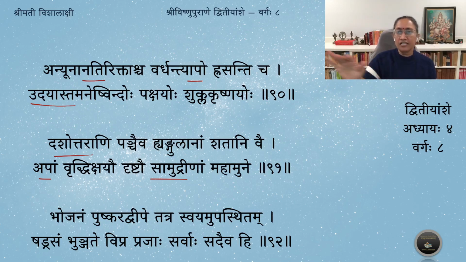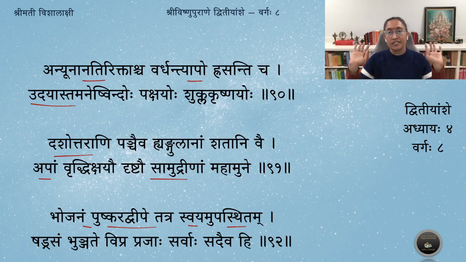All of these 6 rasas they eat all the time, because in Pushkaradvipa food is automatically present there. Anayasena prayatnam vina eva shadrasopetam bhojanam tatra bhujyate.